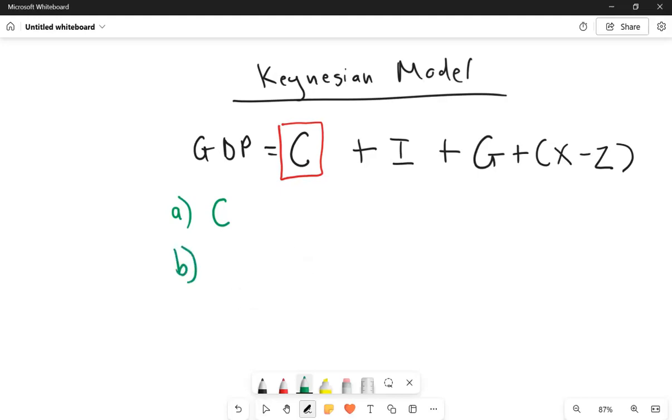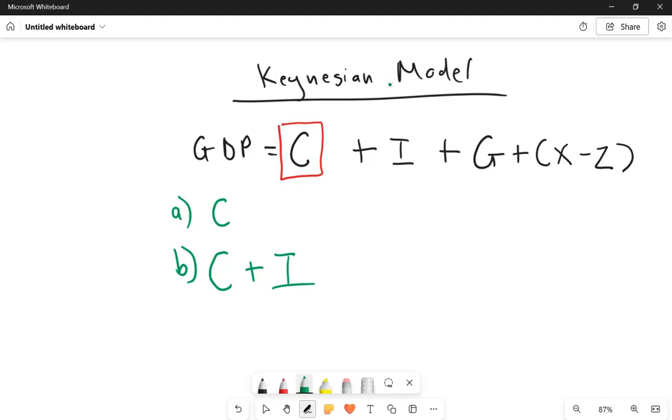The moment I move up to B, this is where I talk about the two-sector model. In the two-sector model, I now have my household consumption, and I also have my investments. So the formula now becomes C plus I. Does it make sense? That's your two-sector model.